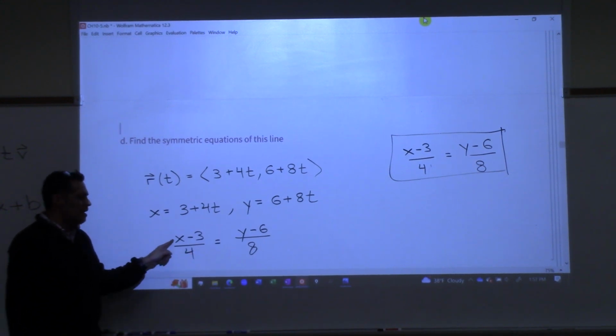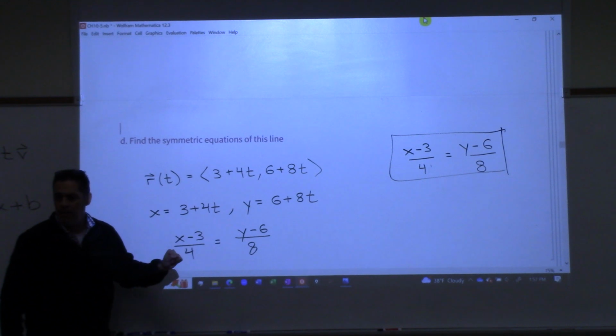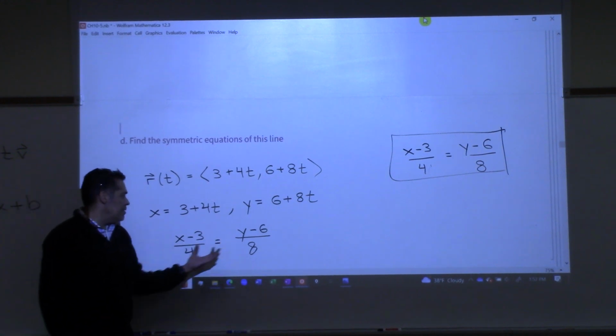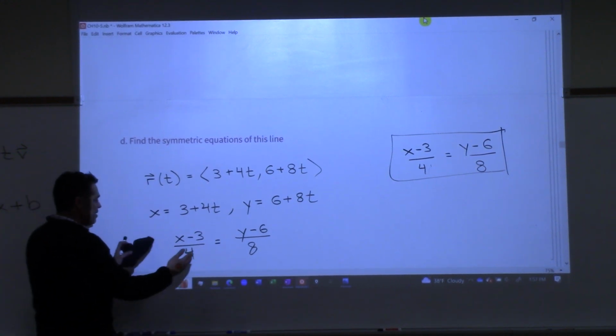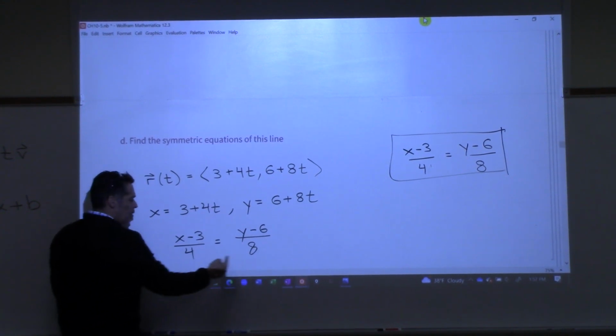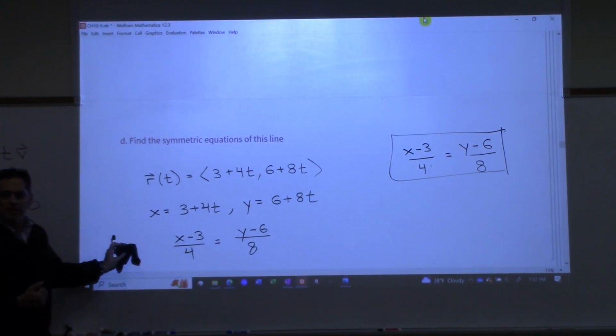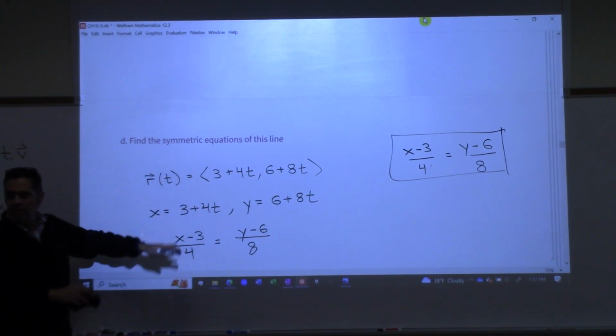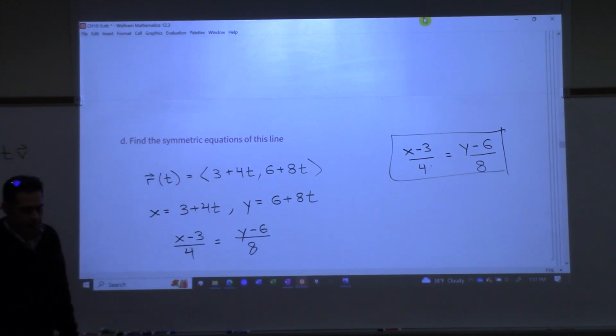So you'd have to plug in an x and then go figure out what the y would be, or plug in a y and go figure out what the x would be. See, it's a little harder. The other thing is this, though: when you look at this, it's pretty simple to see the direction numbers, right? 4, 8. Those are your direction numbers. So there's pros and cons. We should be comfortable with all three forms, right?